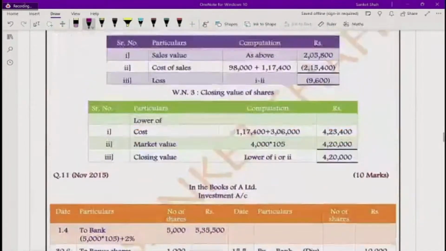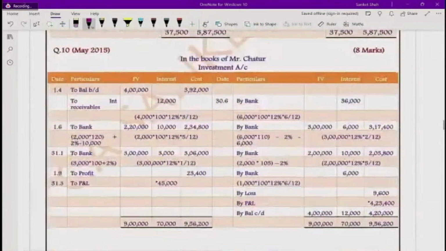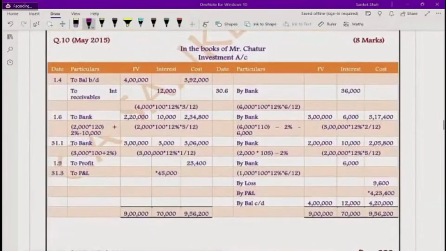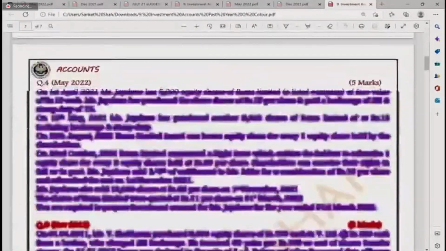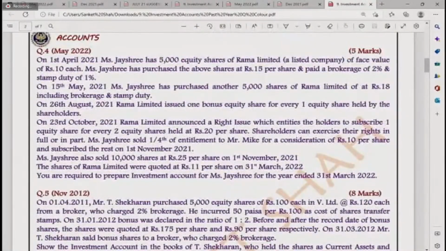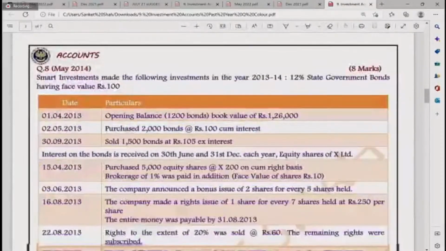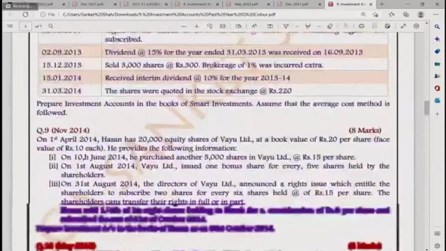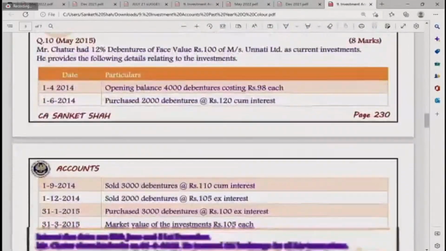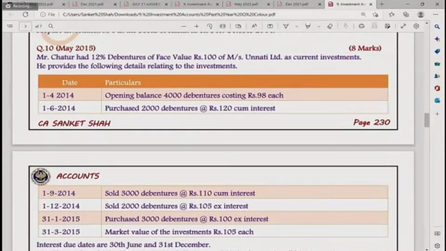Yes, now someone is asking me question number 10. Okay, let's do question number 10 before the break. First four questions are over. Question number 10. So normally 8 marks questions.